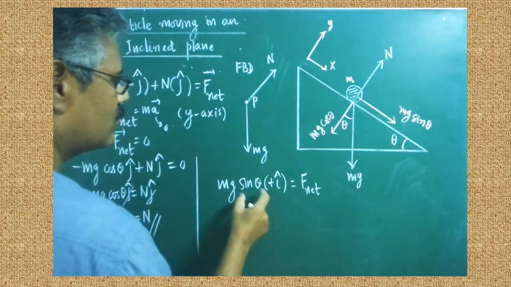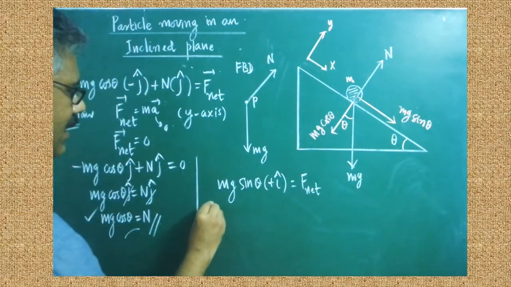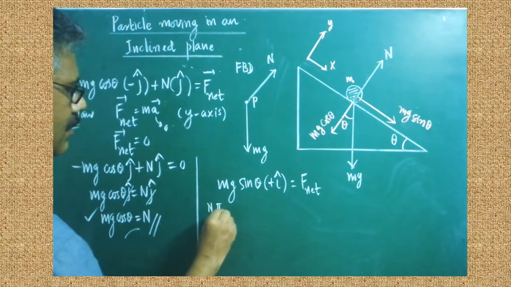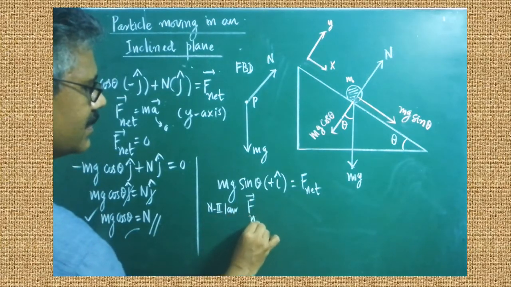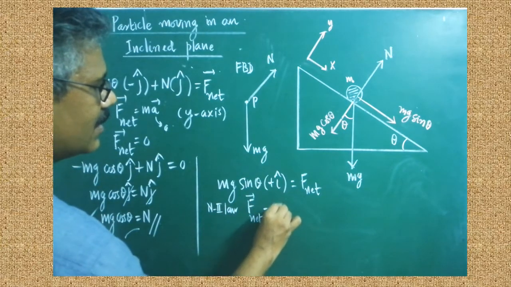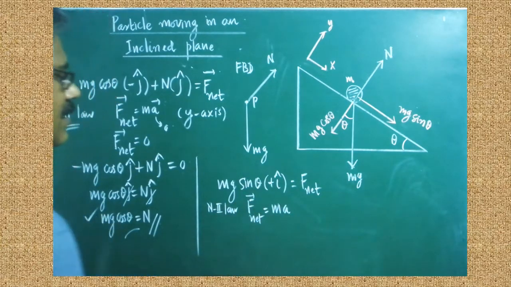Therefore net force is equal to this much. Again we have to apply Newton's second law. Are you clear? Newton's second law. What is the formula? F net is equal to ma is the formula.